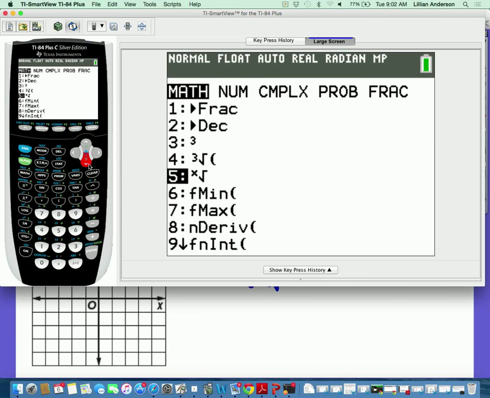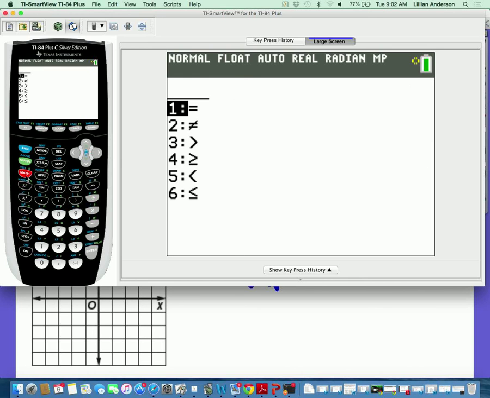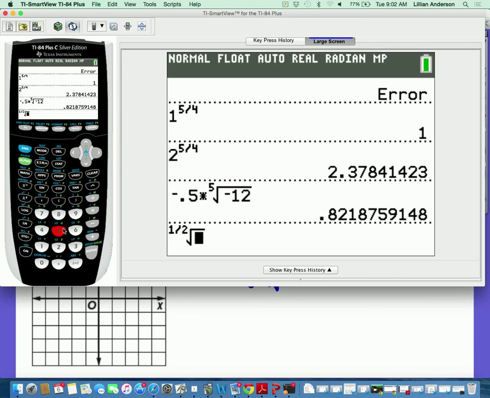So 1 over 2 is supposed to be that. If yours is like mine where it pops into the index, you'll probably have to do the fifth root first and then go back and make sure there's a 0.5 there, or 1/2 there.